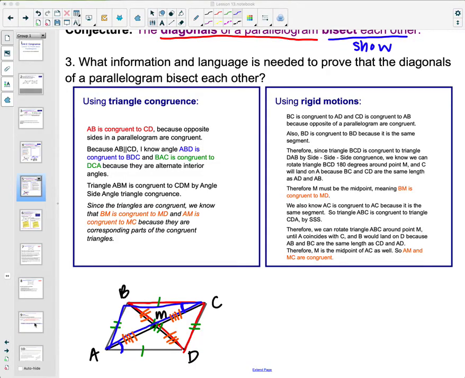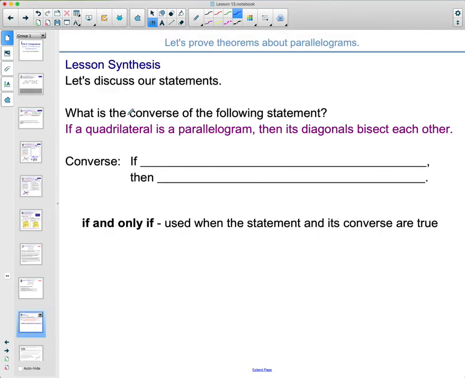So then we have something called the converse of a statement. Converse is when you flip the initial claim, called the hypothesis, and the final portion, called the conclusion. So you switch these after the if and the then.